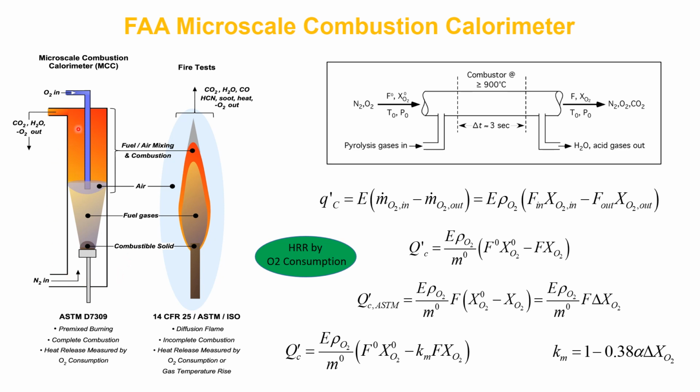Okay, here we have a cartoon that represents what goes on inside the MCC when we're running a test and how that relates to flaming combustion, along with the equations that we use to calculate the heat release rate based on the measurements that we make. When a sample burns, you have heat from the flame feeding into the material, thermally degrading it and producing the volatile fuel.